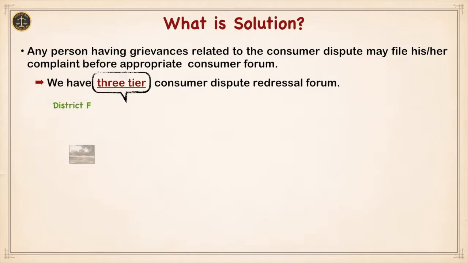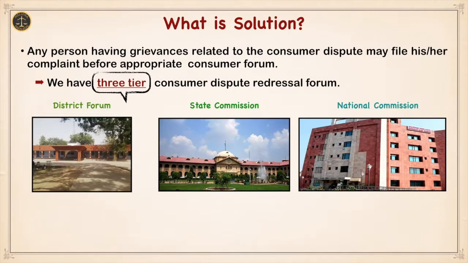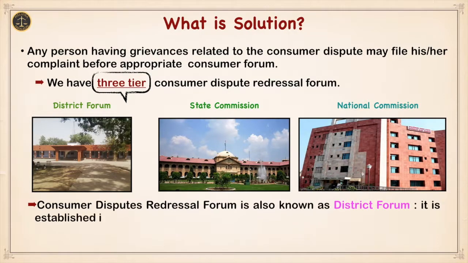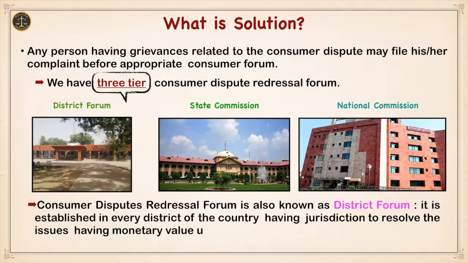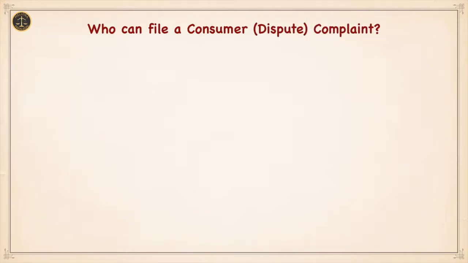That is the district forum, the state commission, and the national commission. The consumer disputes redressal forum is also known as the district forum. It is established in every district of the country, having jurisdiction to resolve issues having monetary value up to 20 lakhs.